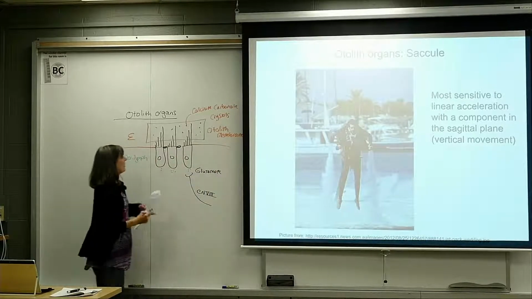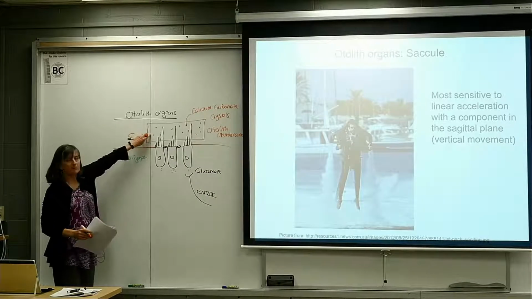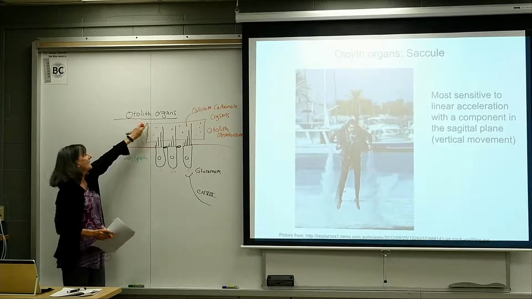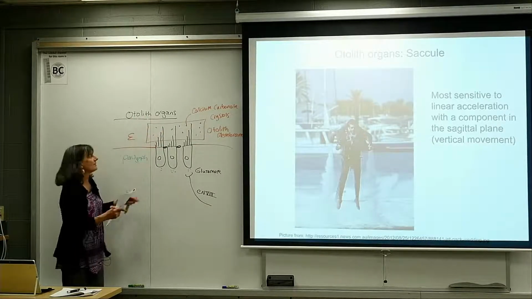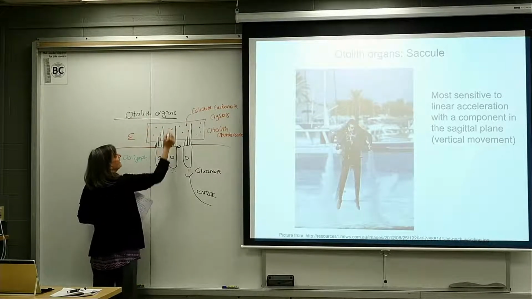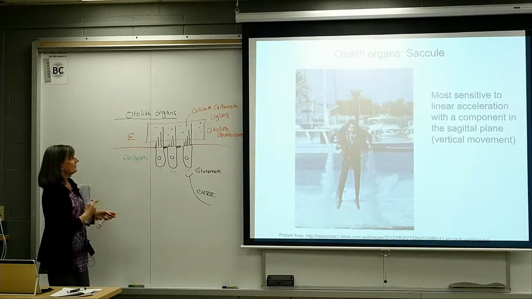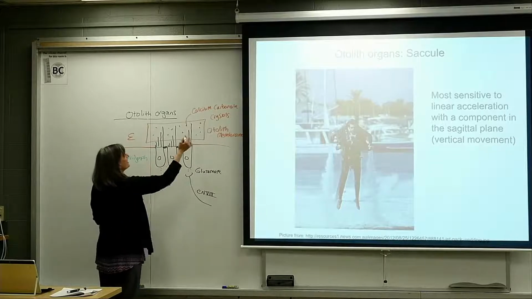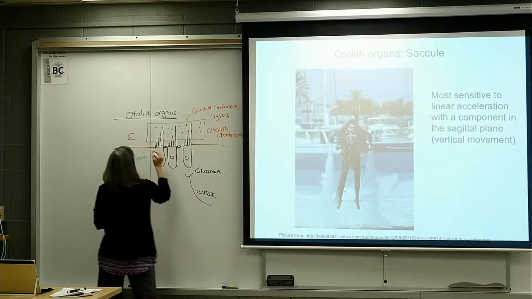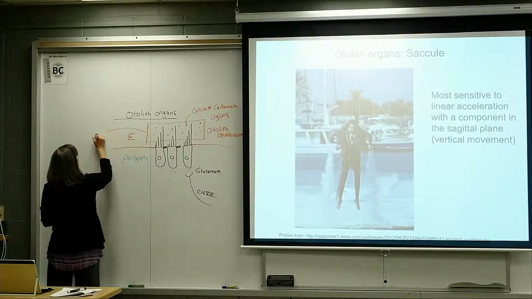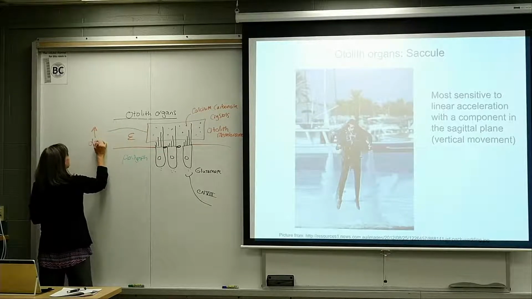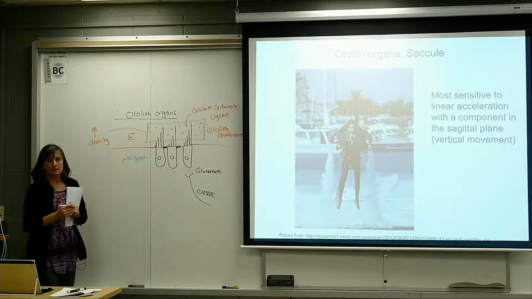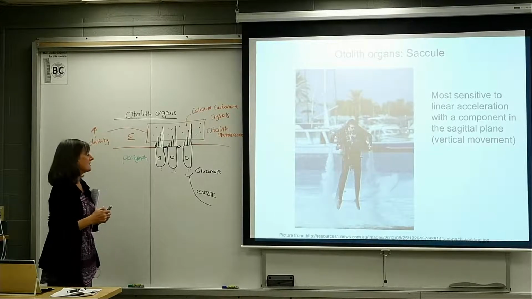The otolith organs are named for this membrane, because oto means ear and lith means stone. So these little calcium carbonate crystals are referred to as stones. These little crystals make the otolith membrane more dense, so there is increased density relative to the surrounding endolymph.